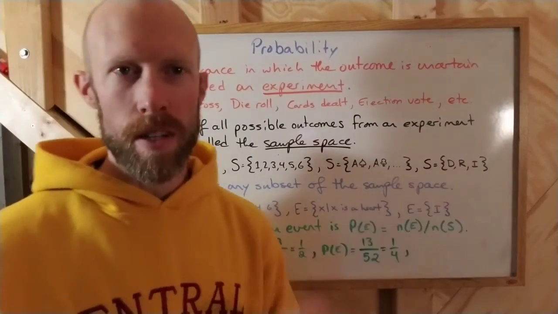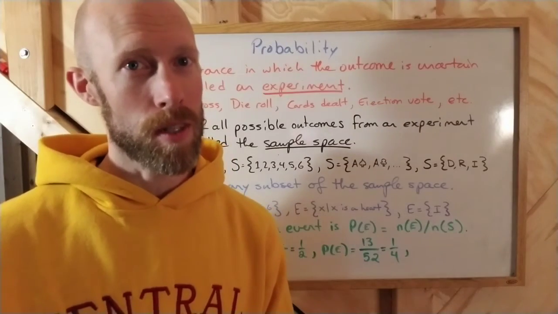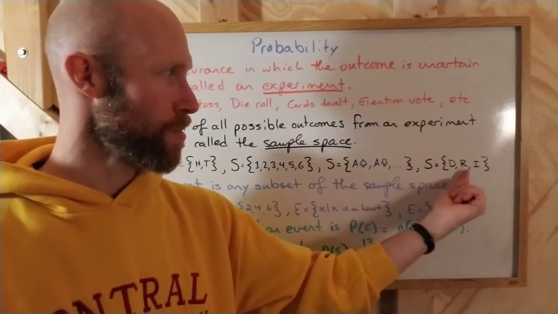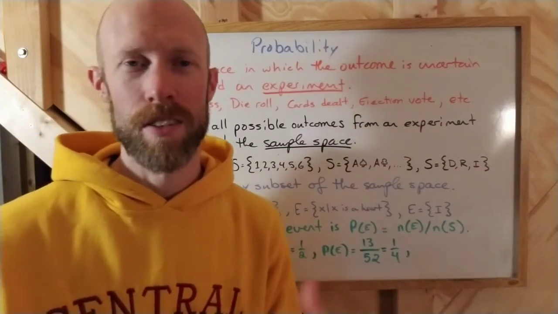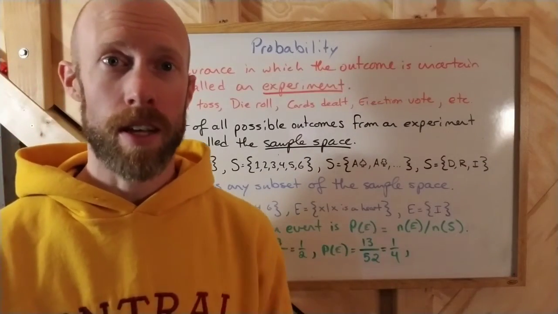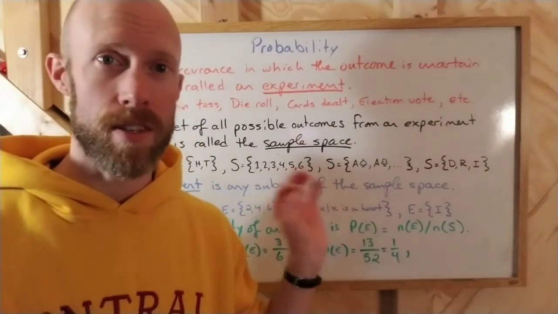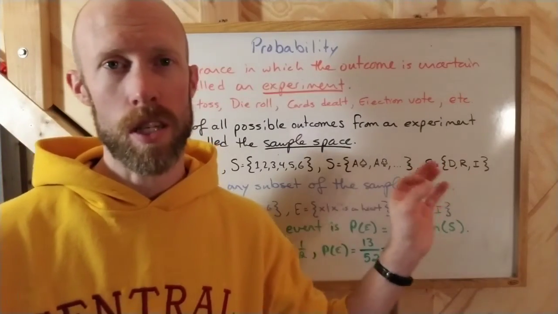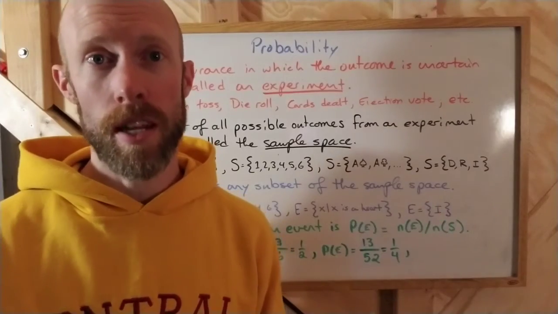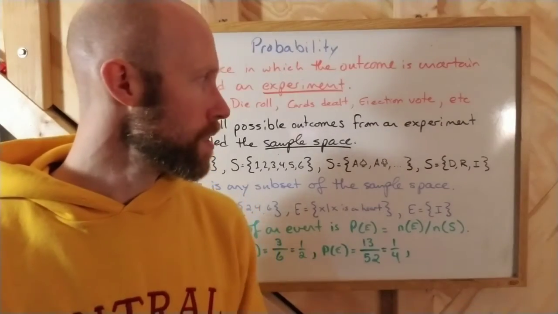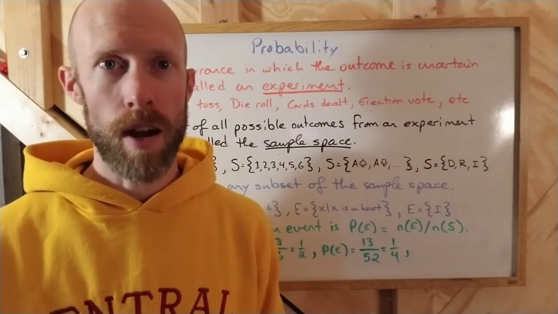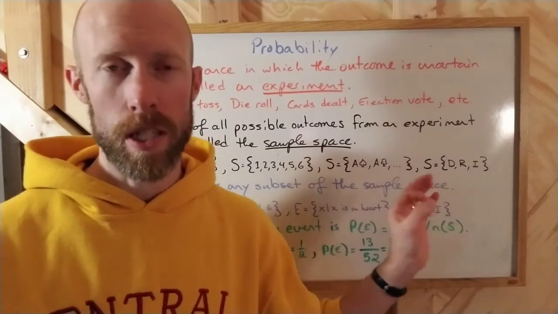Now, with the voting situation, maybe they're not so equally likely. Maybe it's closer to 45%, 45%, 10% chance of a certain result there. But for the sake of this example, I'm going to assume that they're all equally likely. Of course, that will vary. We'll get into different or weighted probabilities later on, but for right now we'll just assume they're all equally likely.